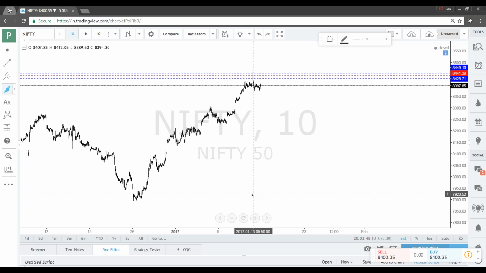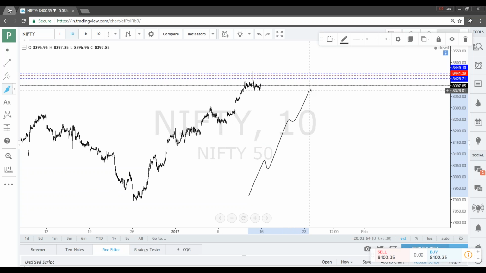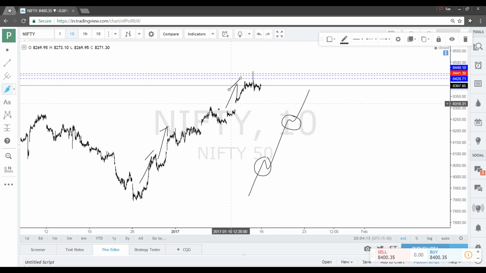Impulse is a sharp move, simple as that. Sharp price moves are impulses, and these are the small corrections. Now, how Nifty is moving: we had so many impulses. This, you can call it an impulse or not, but this is again an impulse, and these are the corrections.